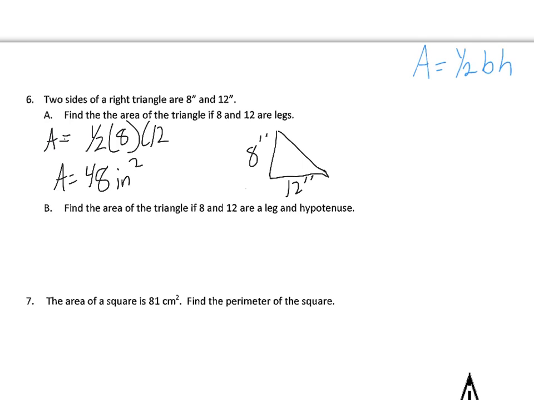Now what changes a little bit is on my next one, I'm given a leg and a hypotenuse. And I know 12 is the hypotenuse, and people always ask, well, I don't know which one's which. The hypotenuse is always the longest side, always.